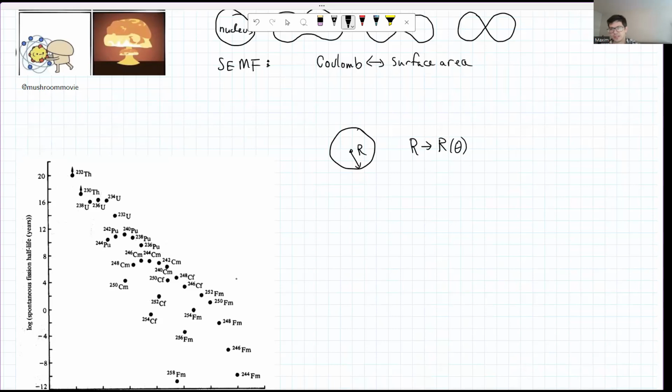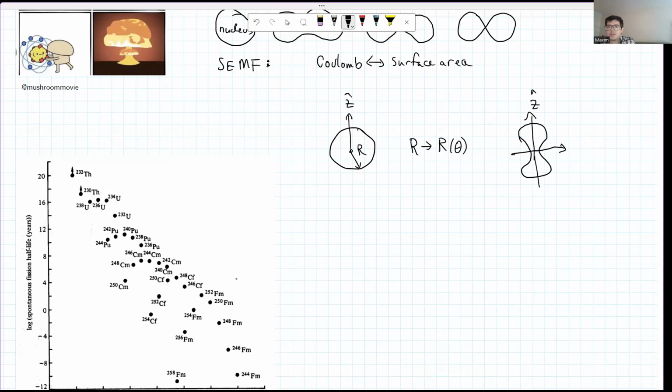Assuming rotational symmetry around the z-axis, you can imagine a deformation that retains azimuthal symmetry but deforms the sphere, say, by turning it into a dumbbell shape like this.